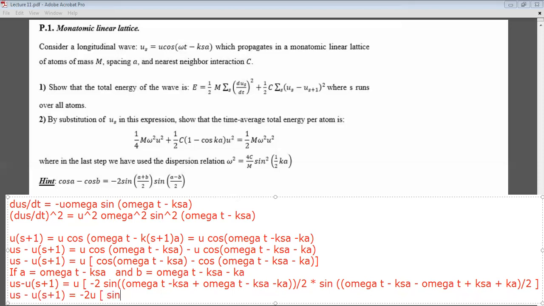So I have sin of (2ωt − 2ksa − ka), all of it divided by 2, times sin of (ωt − ksa − ωt + ksa). So these will cancel each other, and I will just have ka over 2.